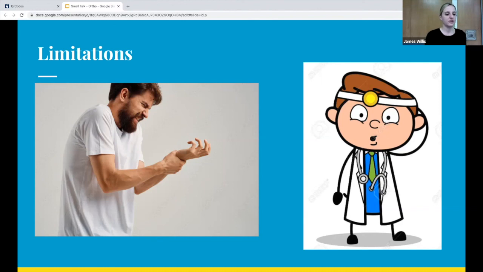You can't put certain areas of the body into a water bath in our ER. Another limitation is the fact that it's operator dependent. So you have to be comfortable with looking at the normal anatomy to be able to identify the pathology. And anytime the fracture involves the joint line, that seems to be an issue, both in X-ray and in ultrasound, in being able to diagnose the fracture.